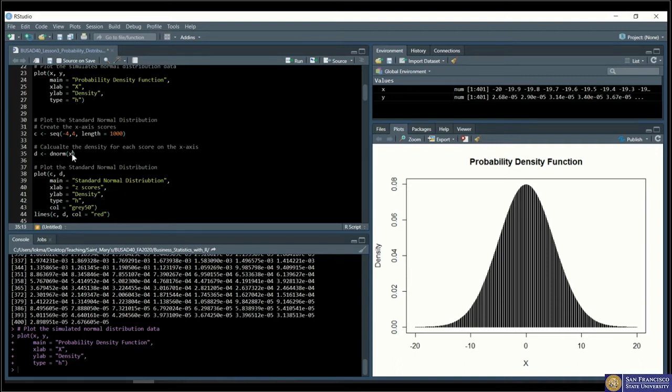The reason is that the dnorm function has preset default values for mean and standard deviation. As you can see, it's always going to give you 0 and 1 for mean and standard deviation by default. That's exactly what we want. So let me run this too.